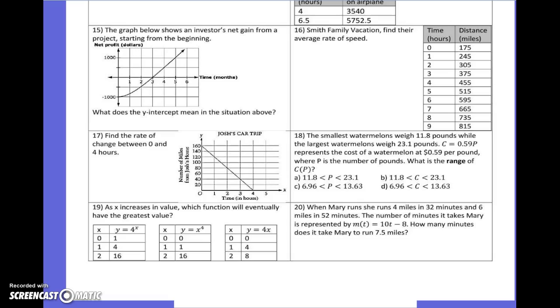The graph shows an investor's net gain from a project starting from the beginning. Here's our y-intercept. What does it mean in the situation above?